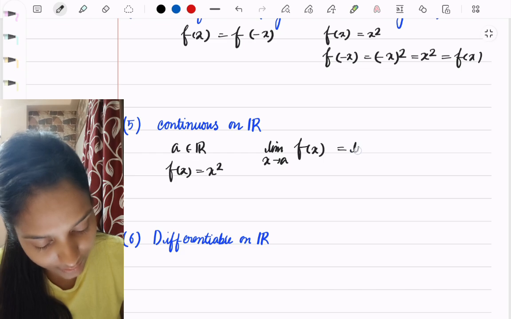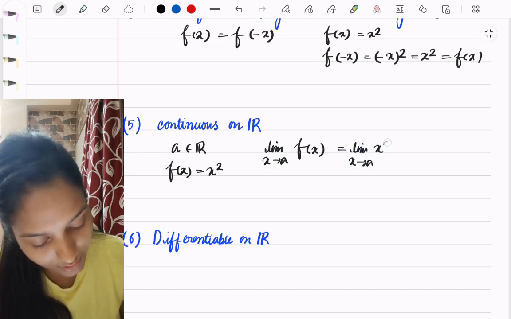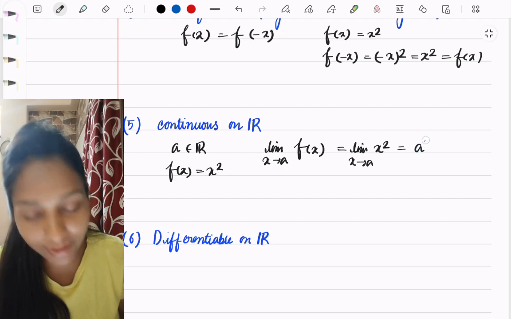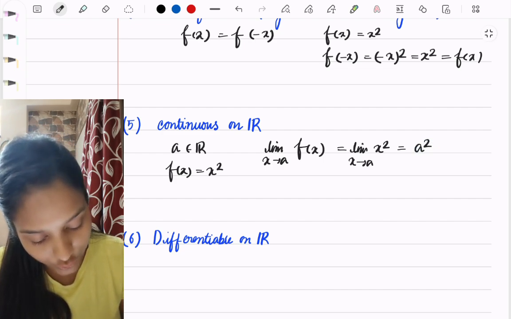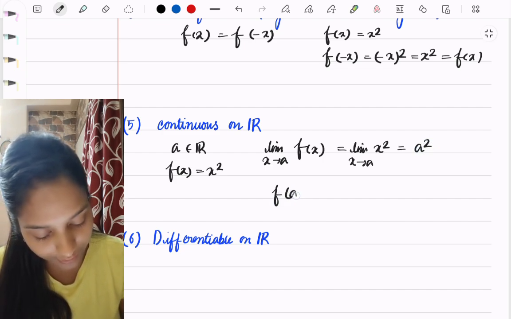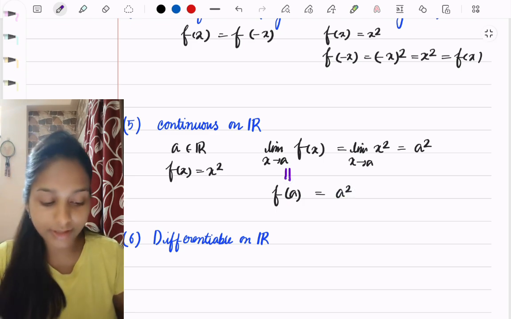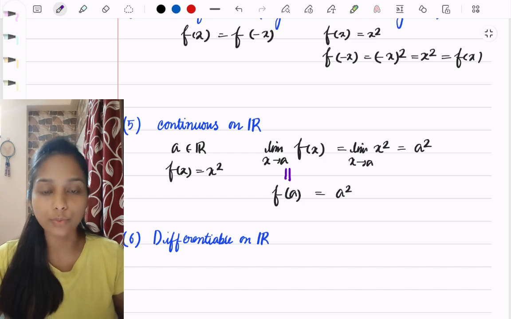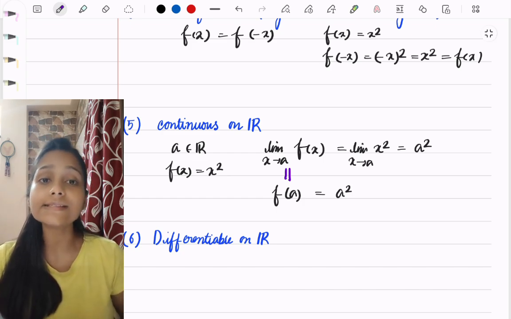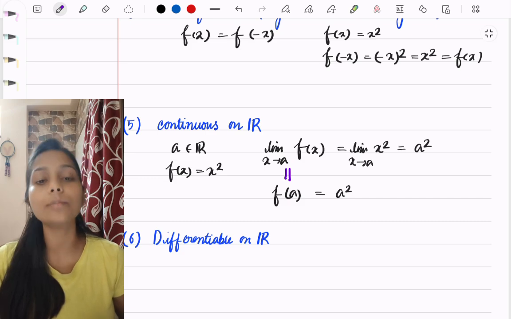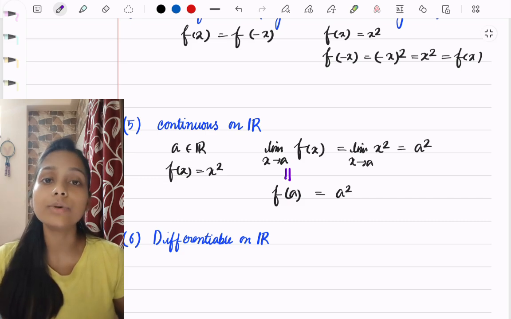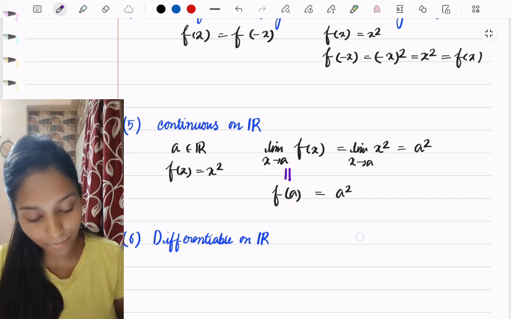So limit x tends to a, x square, so here we have a square. And also for f(a), we have a square. So obviously these two are equal. So as these two are equal, we can say that the function is continuous at a, and as a is an arbitrary real number, the function is continuous throughout R.